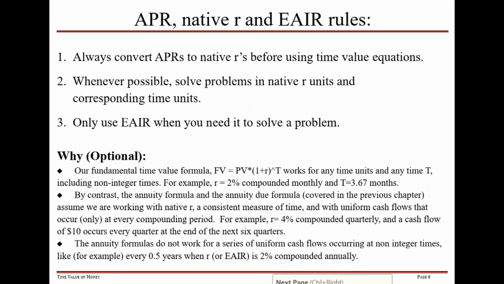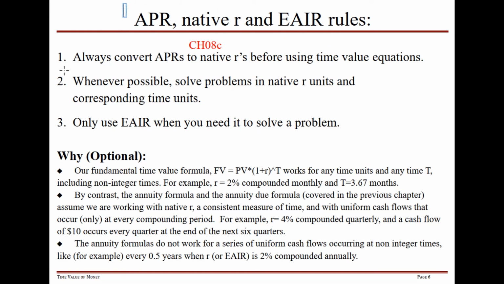Next up, I want to talk a little bit about APR, NativeR, and EAIR rules, and this all came up in Chapter 8C. Here are some good rules that'll always lead you to the right answer for problems where you have an APR to worry about or an EAIR to worry about.